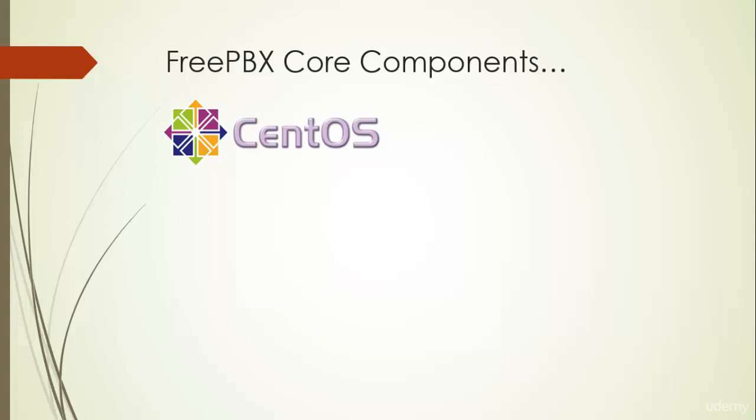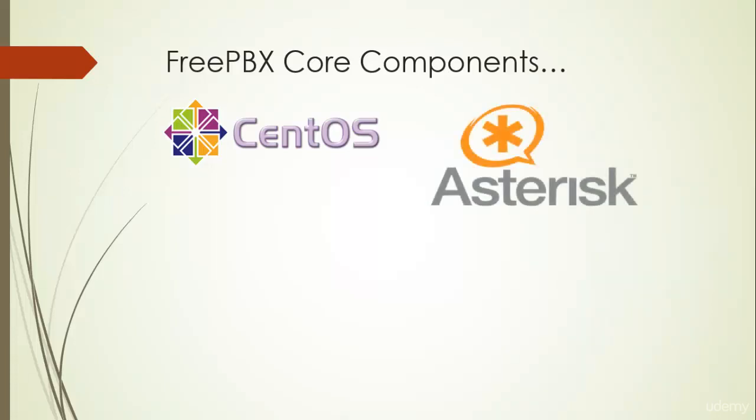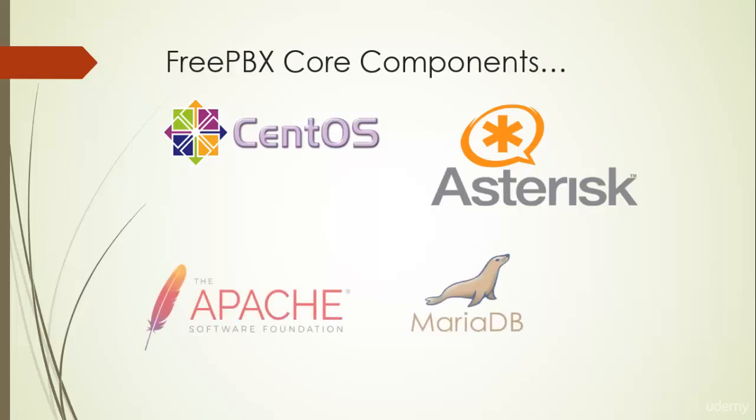The latest release, FreePBX 14, by the time of creating this course, is using CentOS 7 and Asterisk 13 or 14 as the VoIP communication server. So Asterisk is installed on top of the CentOS 7 operating system. Apart from this core, FreePBX uses Apache as a web server and MariaDB as a database to store the configs, etc.